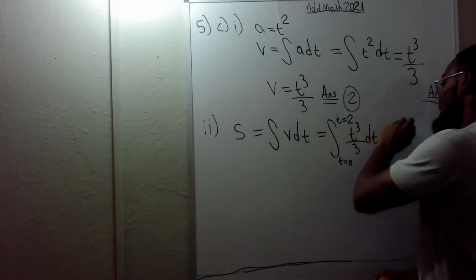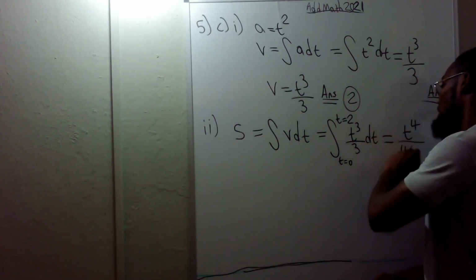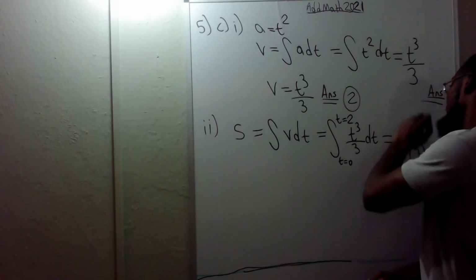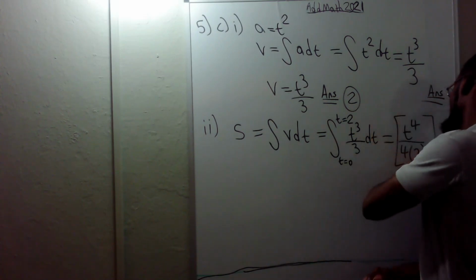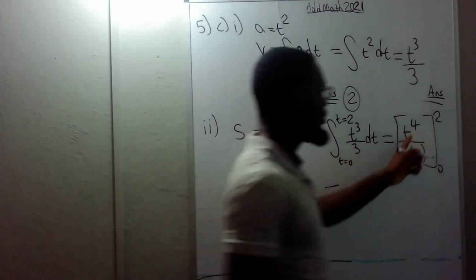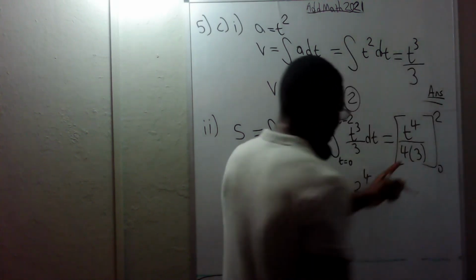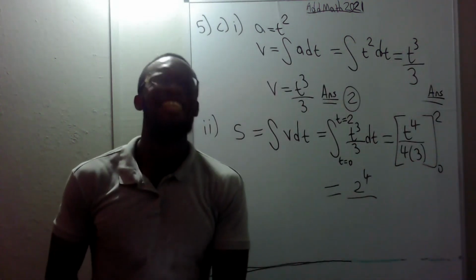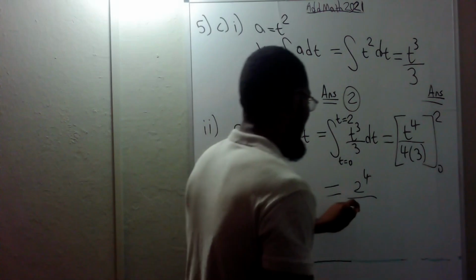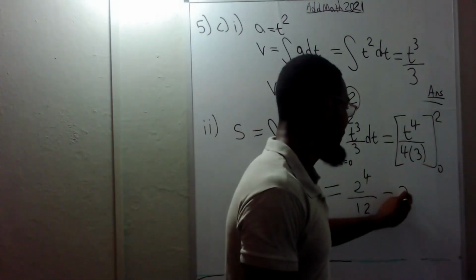When you integrate this, you get t to the 4 divided by the power 4, and we still times it by 3, going from 0 to 2. So guys, we'll plug in 2 here, 2 to the 4th power over 4 times 3 is 12, minus, put in the 0, that's 0.